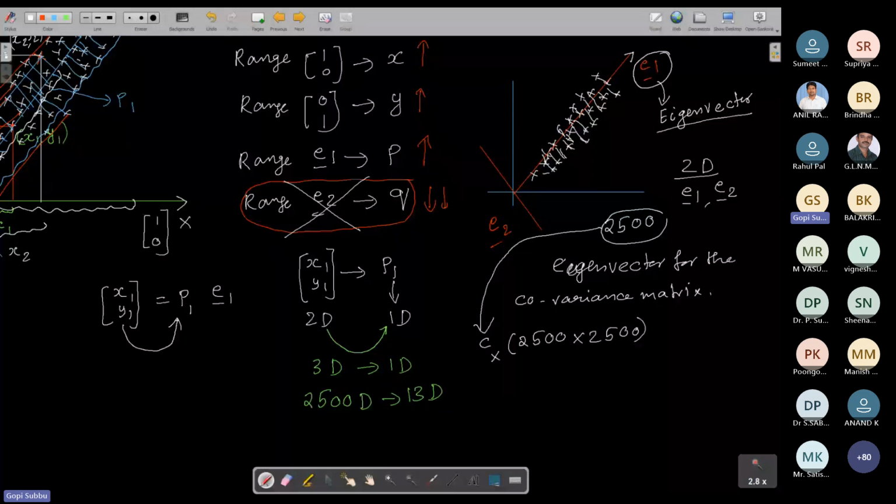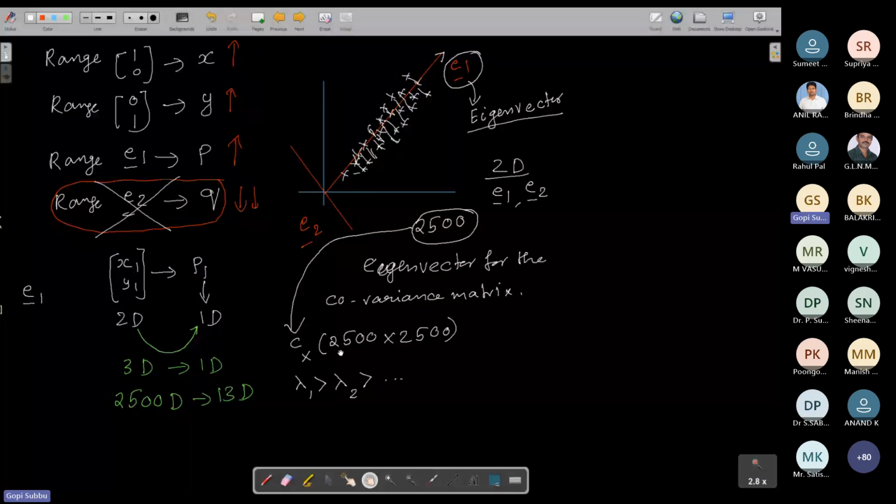If I arrange them in decreasing order, lambda 1, lambda 2, lambda 3, and so on up to lambda 2500, and plot them, you can see that the values drastically reduce after a certain number of eigenvalues.